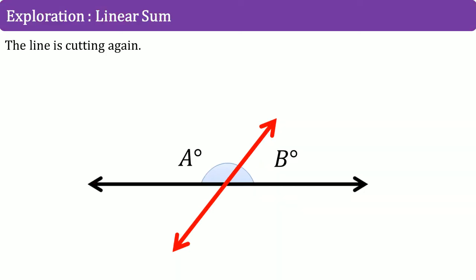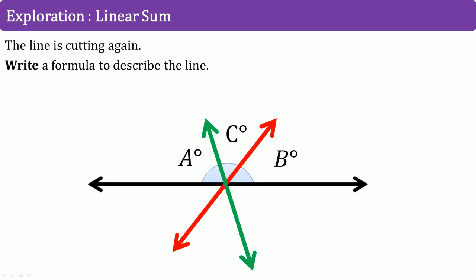What happens now if we cut this line again? We introduce one more angle, which is angle C. If we write a formula to describe this, it's the same. It still adds up to 180 degrees because it still forms a straight line. So we write angle A plus angle B plus angle C is equal to 180 degrees.